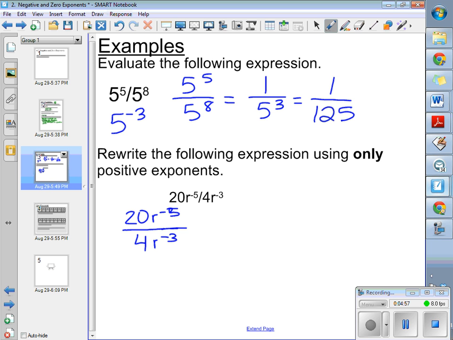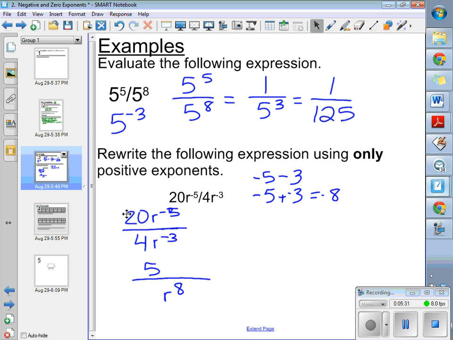That's the easy part. Now we've got negative 5 minus 3, which is negative 5 plus negative 3, which is negative 8. So we've got 5 on top, and our base of r is going to stay on the bottom, and it's going to be an 8. And I believe we are completed then.